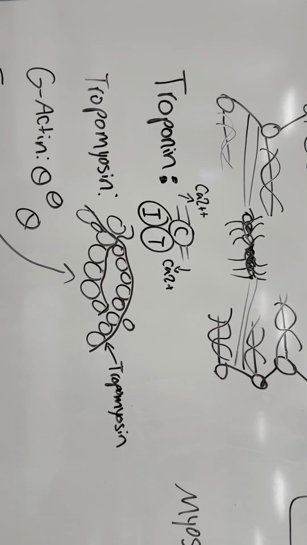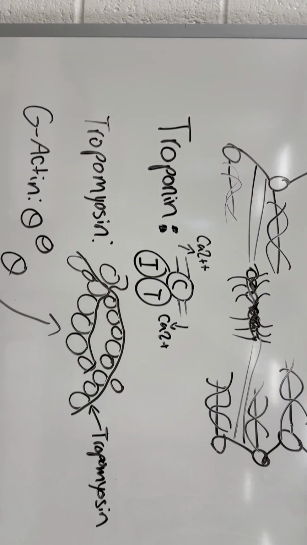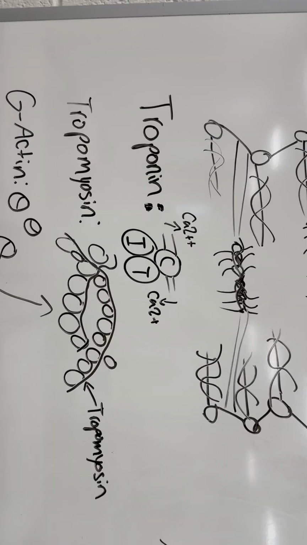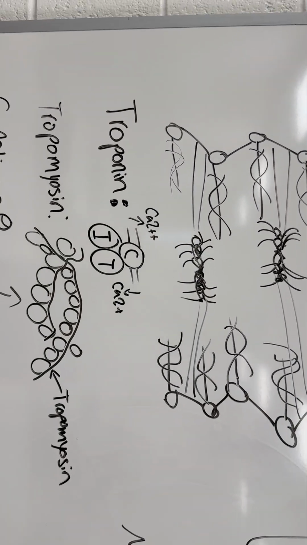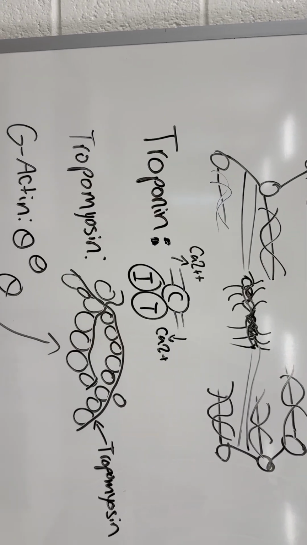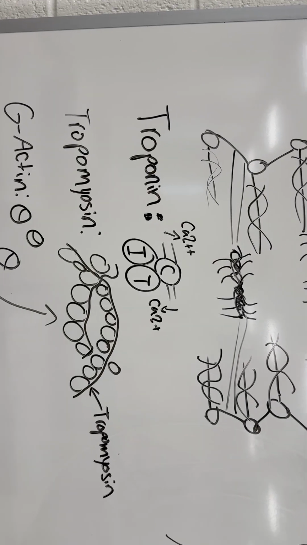So what happens is when calcium is diffused onto our sarcomere, naturally, the 2 high affinity binding sites are bound because they're high affinity, and when there's low calcium, those high affinity sites are bound.